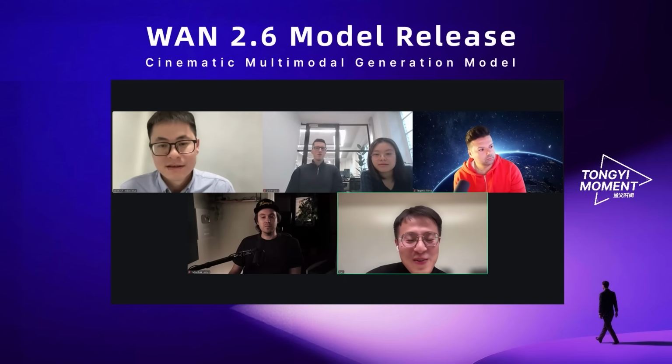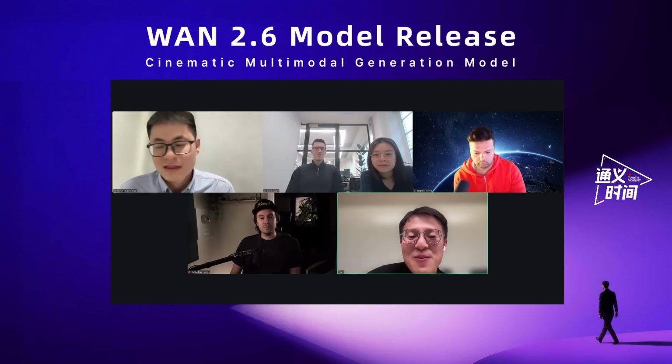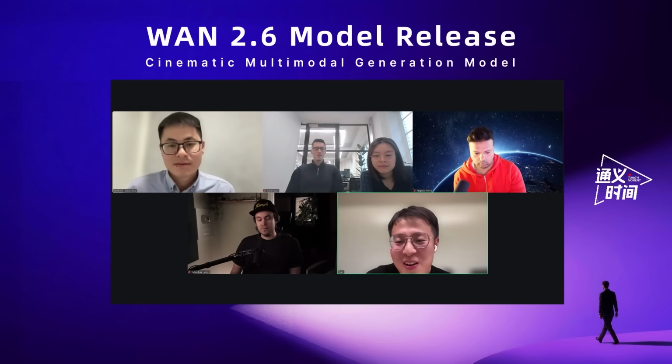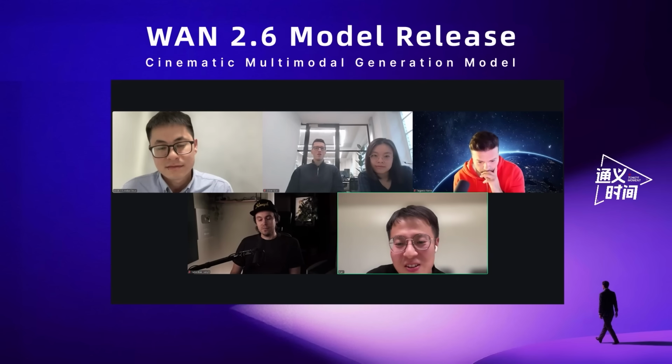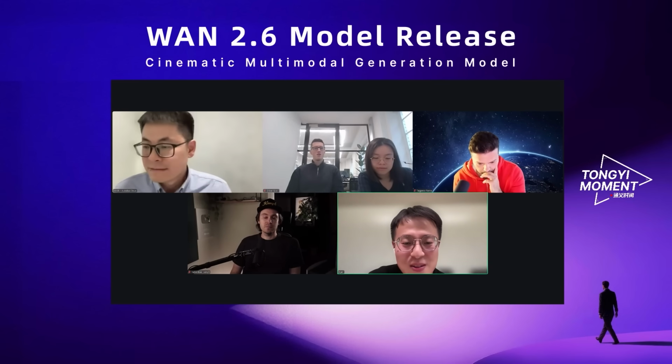Okay, very interesting question. The name Wan comes from Tongyi Wanxiang, the Chinese name of our model family. In Chinese, Wan literally means 10,000, but it's often used to convey something like countless or infinite.